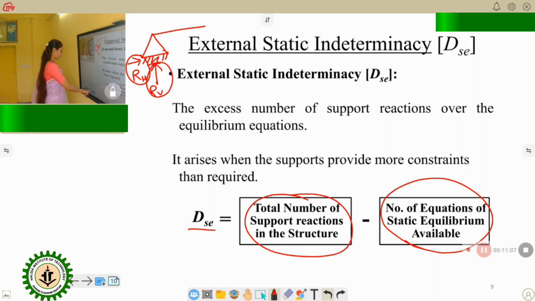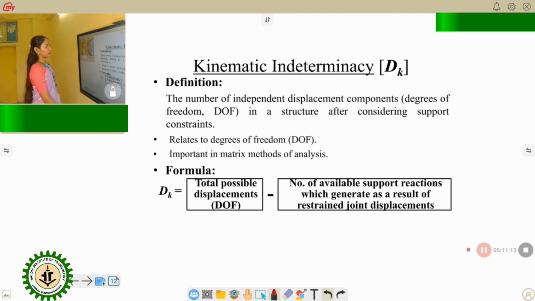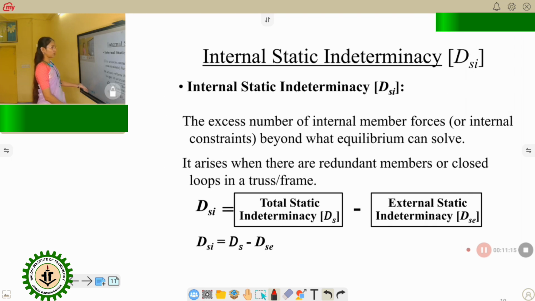Now, the internal static indeterminacy. The internal static indeterminacy is the deduction of external static indeterminacy from total static indeterminacy. It is the excess number of internal member forces or internal constraints beyond what equilibrium can solve.